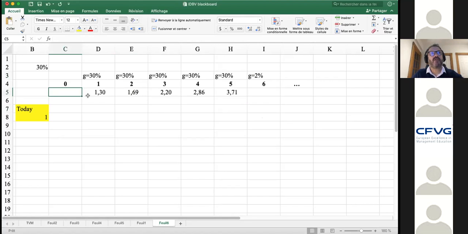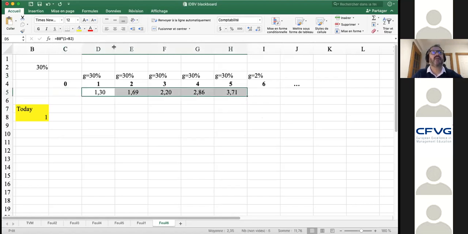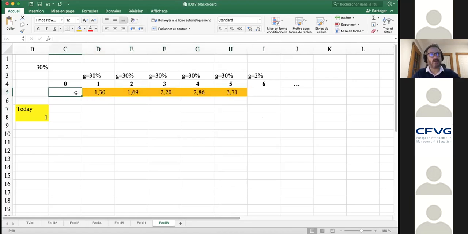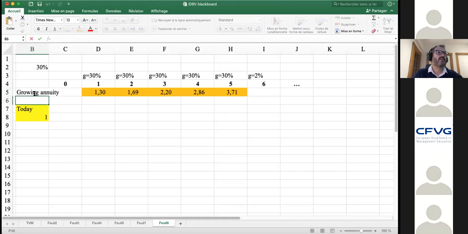Okay, so we have this on the screen, right? Here it's a growing annuity during 5 years. And then we have a growing perpetuity from year 6 to infinity.